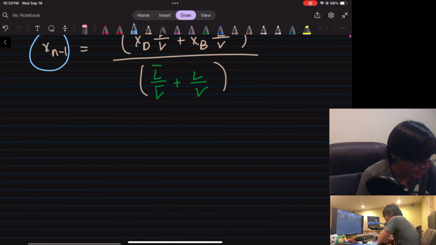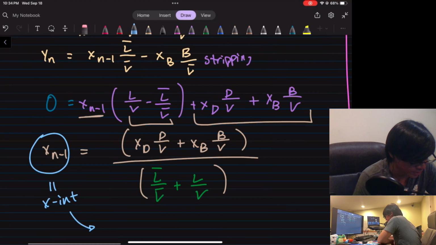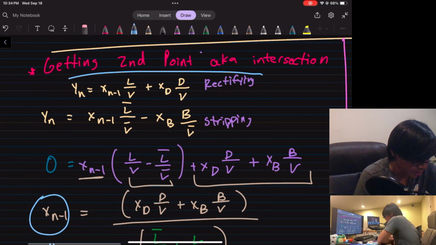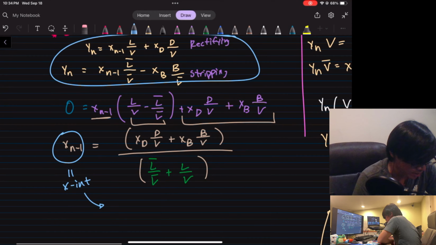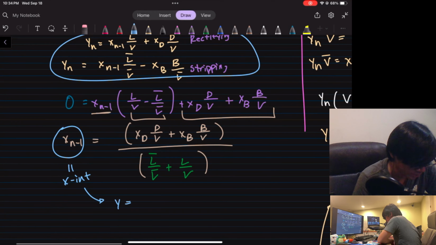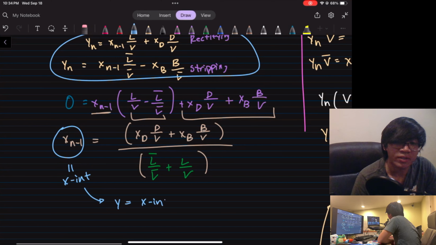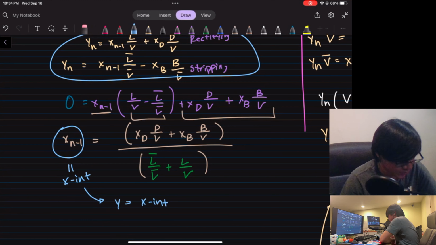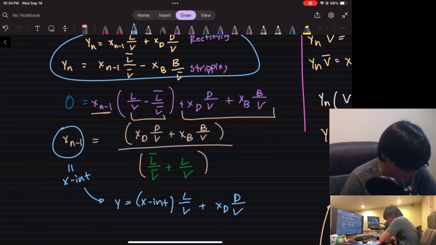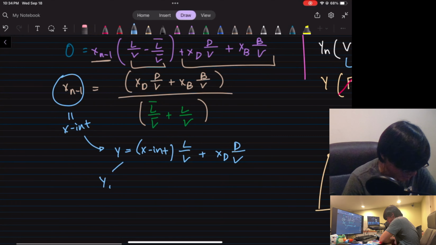So I'll store that as x intersection. And then I can plug this into either of our equations up here. So I'll plug in that x intersection, so it'll be something like y equals x intersection times, I'll pick the rectifying line, L over V plus xD D over V. And I'll store that as y intersection.